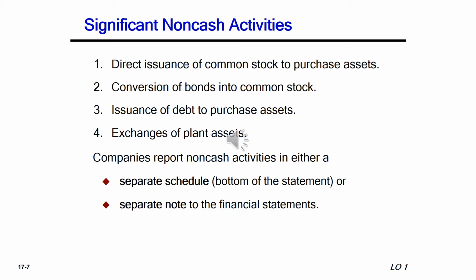This includes what are called non-cash activities, and some of the most commonly used non-cash activities include direct issuance of common stock to purchase assets, the conversion of bonds into common stock for convertible bonds that we covered in the last chapter, an issuance of debt to purchase assets, or exchanges of plant assets, meaning exchanging one plant asset for another without having cash in the middle of this transaction.